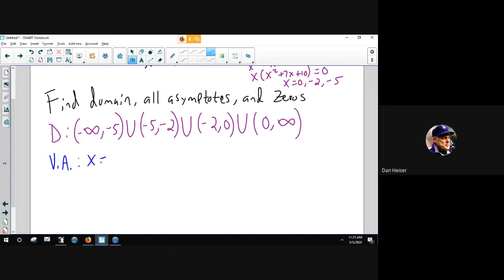We know x cannot be -5, x cannot be -2, x cannot be 0, and that is it. Those are the three values. And again, we have to write each one separately as its own equation. You cannot just do x equals -5, comma, -2, comma, 0.